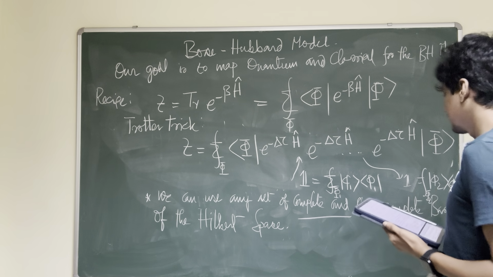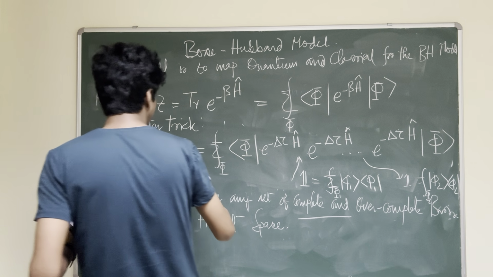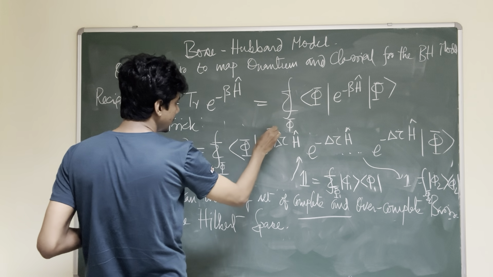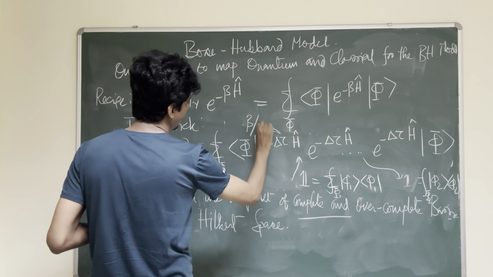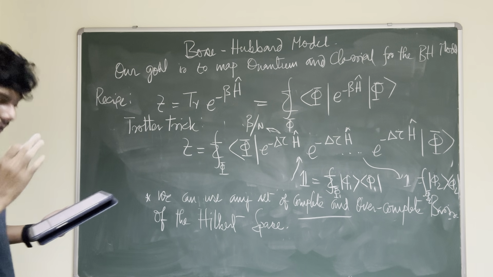This makes the complete basis, and this delta t, or delta tau, is beta over n. So this is our goal.